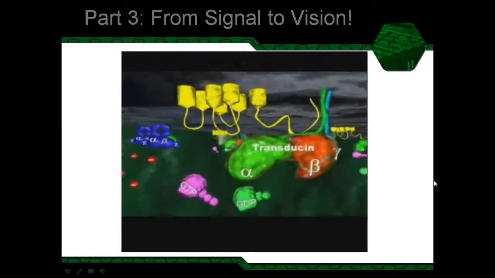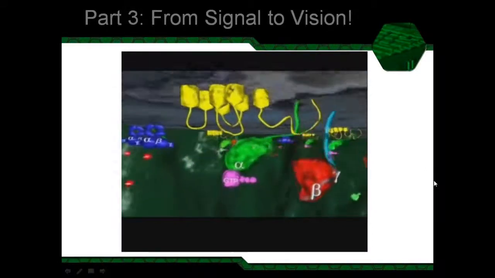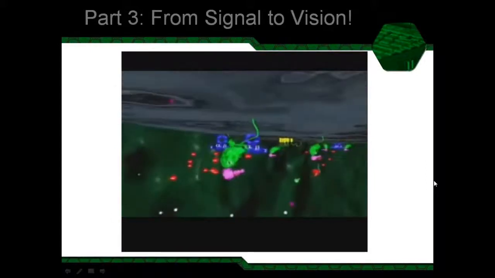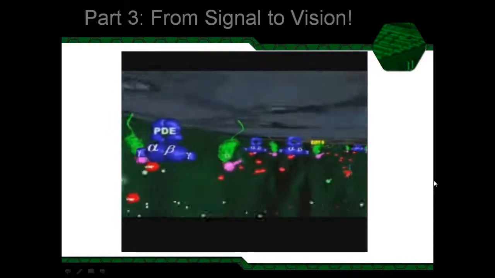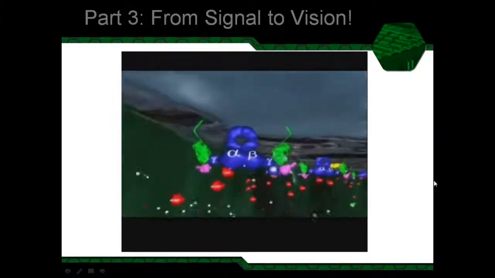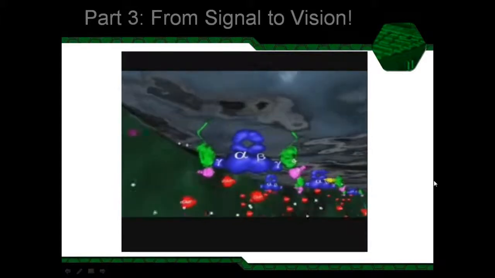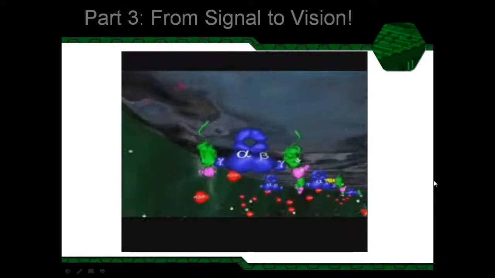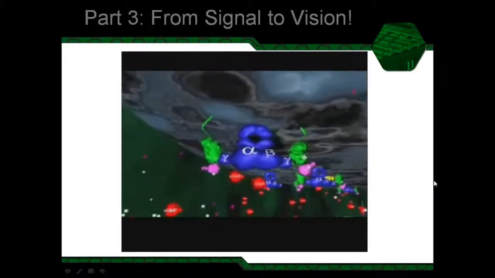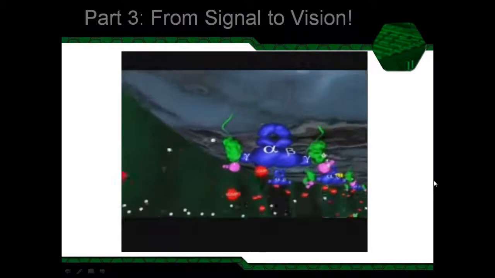Now the activated alpha subunit of transducin binds to cyclic GMP phosphodiesterase. That's an enzyme. Phosphodiesterase activation triggers the hydrolysis of cyclic GMP, and as a result of this, it causes a rapid decline in the cytoplasmic cGMP levels in the outer segments of the rods.